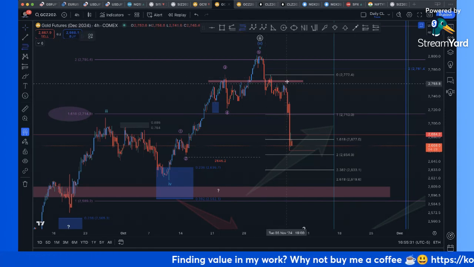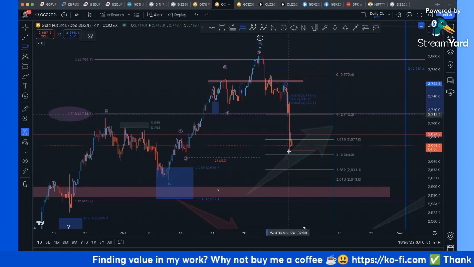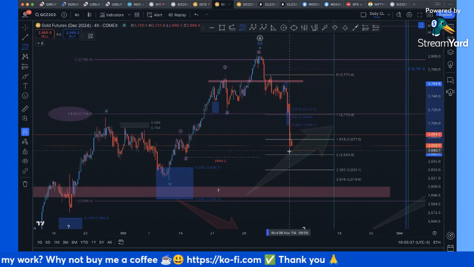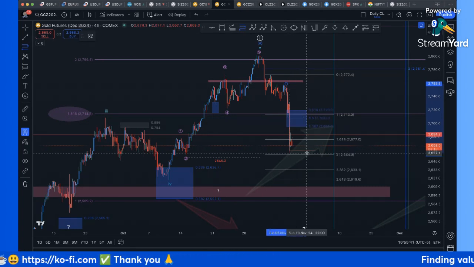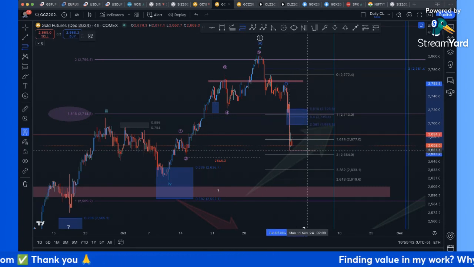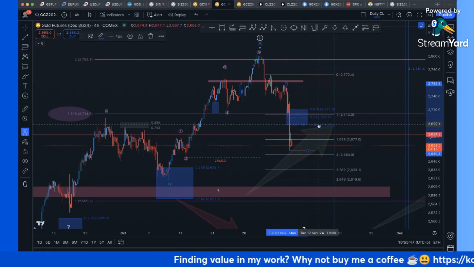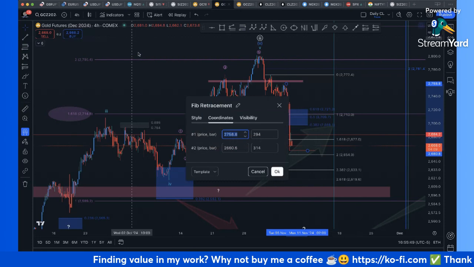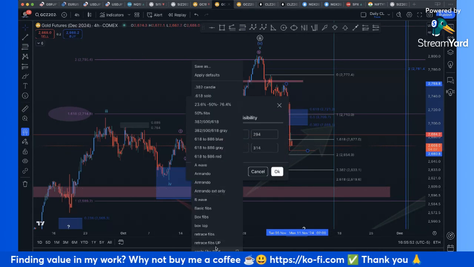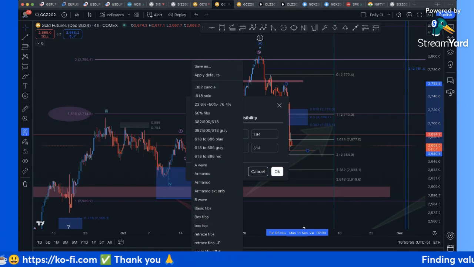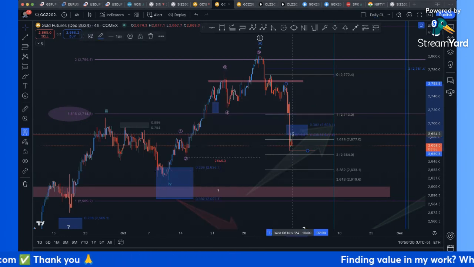Okay, so what I'm getting at here is if wave 3 is not done, then you could get one more bounce as a microwave 4. Okay, it's already touched that zone.